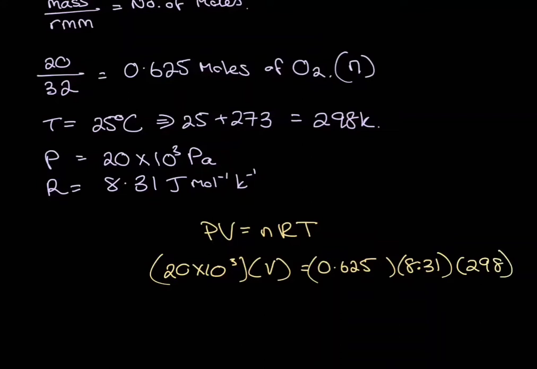And that's it filled in. You can just see volume is the only one that's missing there. And if I multiply all of the right hand side out into the calculator, I'm going to get this number.